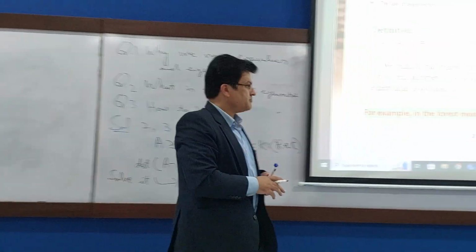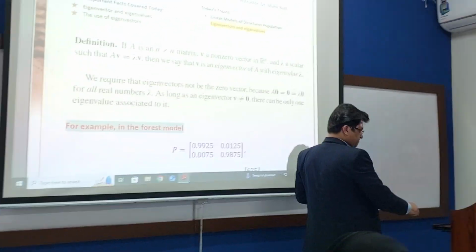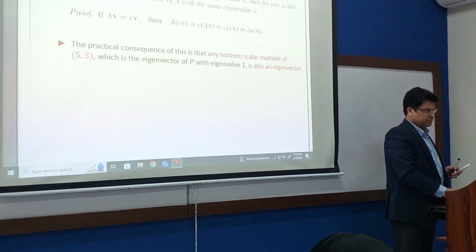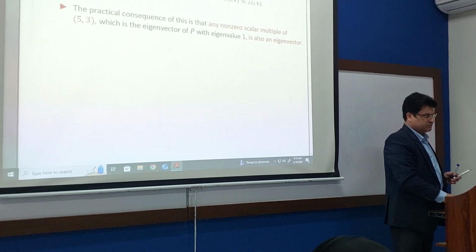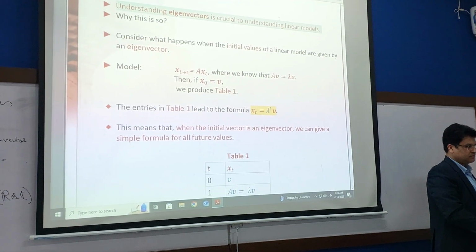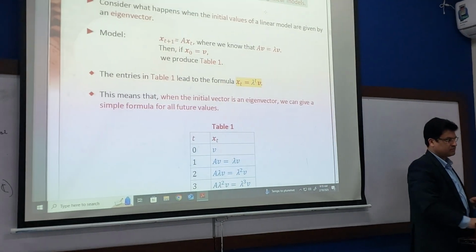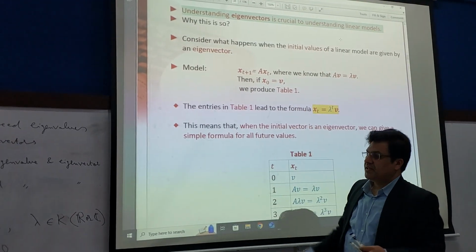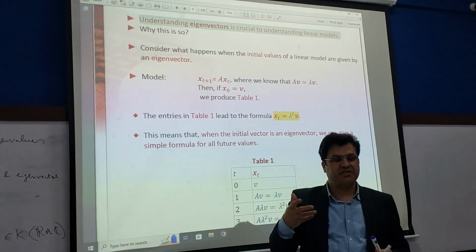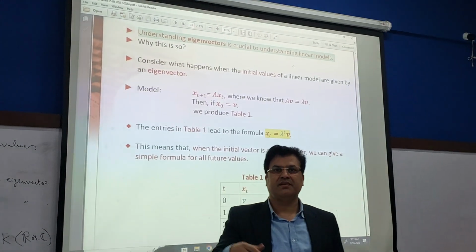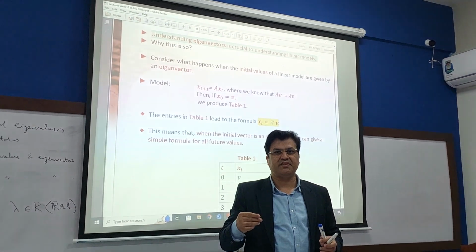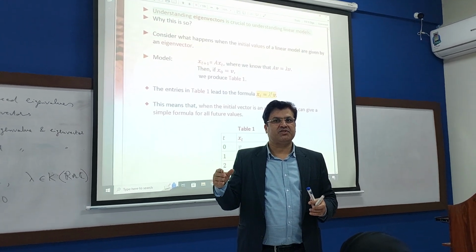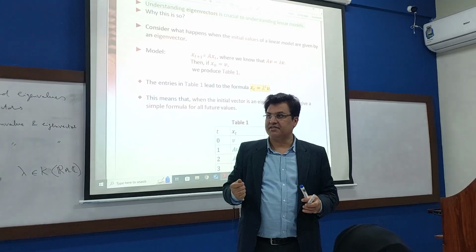So the idea is this: if you see this model here, in the last lecture we have seen that the population is represented by the formula in time variable x t plus 1 is equal to matrix times that vector, and that matrix is actually the population matrix or the projection matrix.